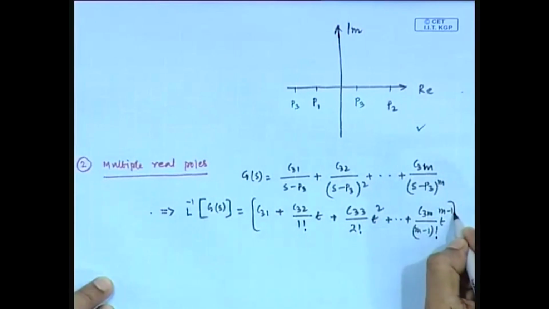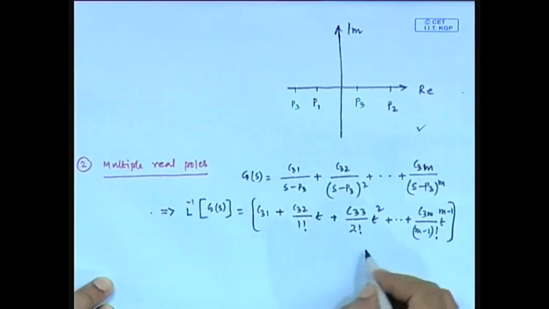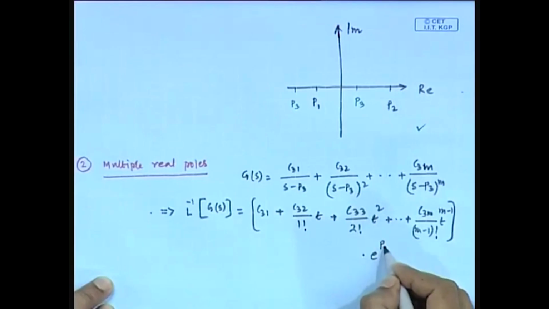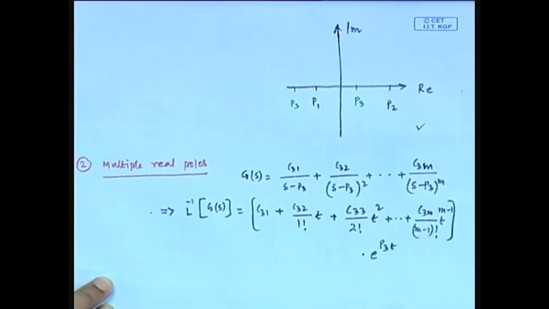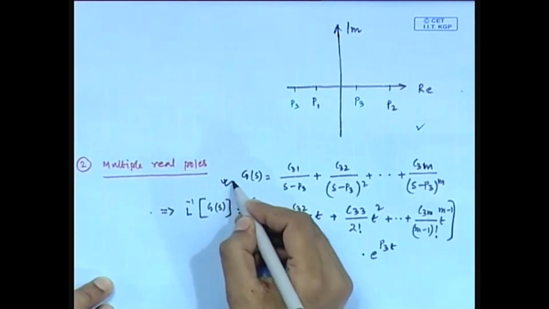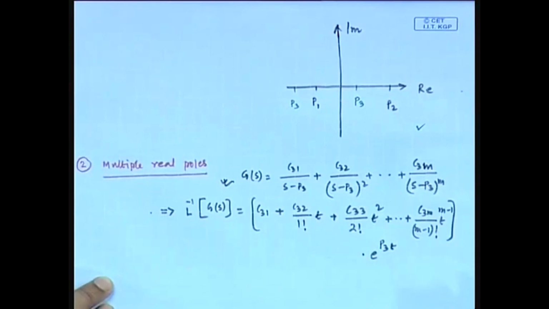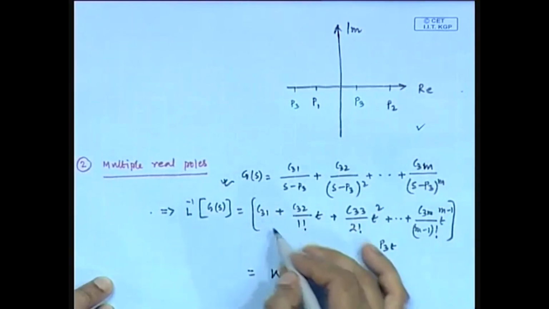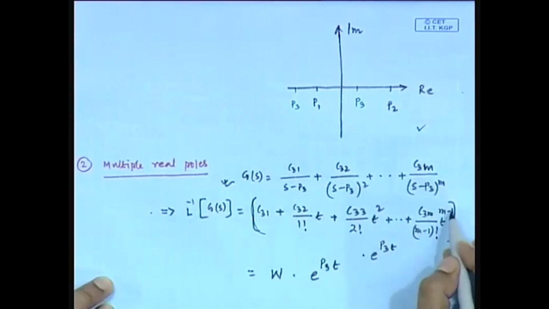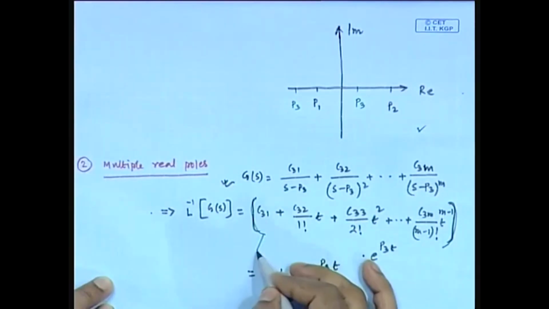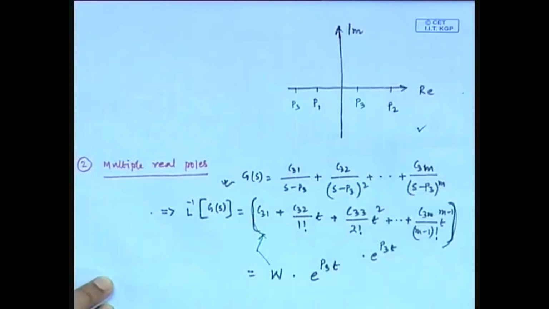This will be multiplied with exponential of P3 t. If we take the inverse Laplace transform of this transfer function, we get this. Suppose I am writing this as W multiplied by e to the power P3 t. I mean this whole part, we are representing by W.